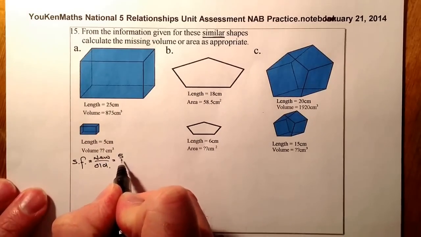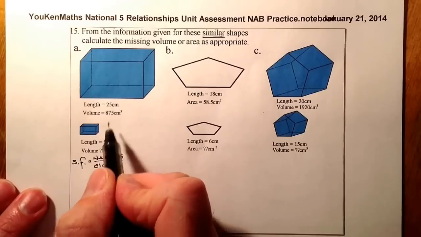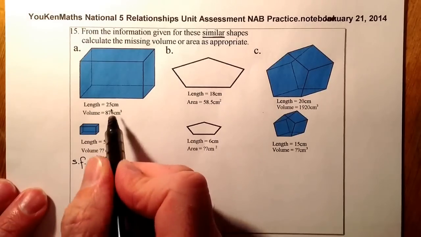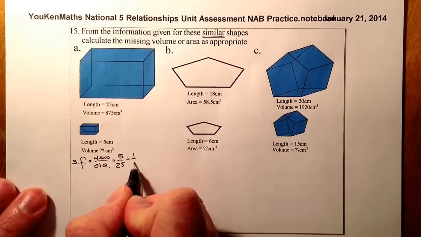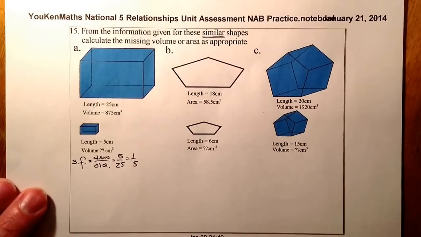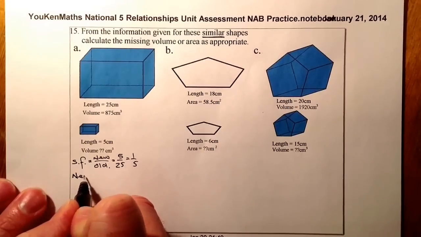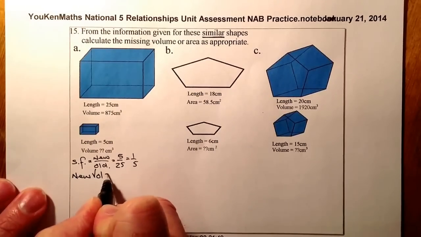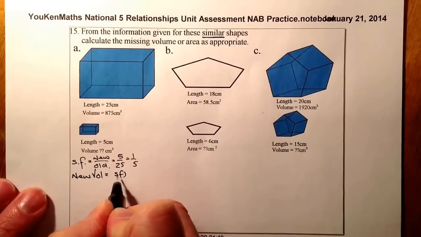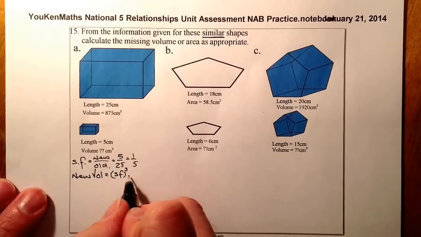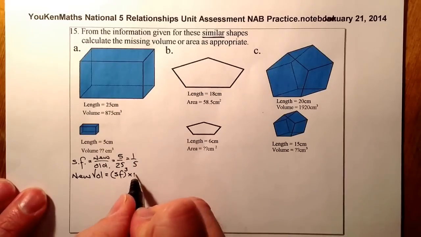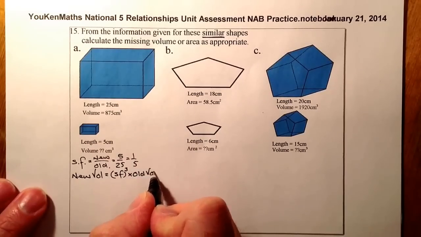So for the scale factor, the things that I know that align with each other would be the 5 and the 25. And simplifying that down would be 1 over 5. So that's the scale factor. Now the new volume is going to be equal to the scale factor that I've just worked out, and because it's volume, I'm going to cube that scale factor and multiply it by the old volume, or the volume that I know.